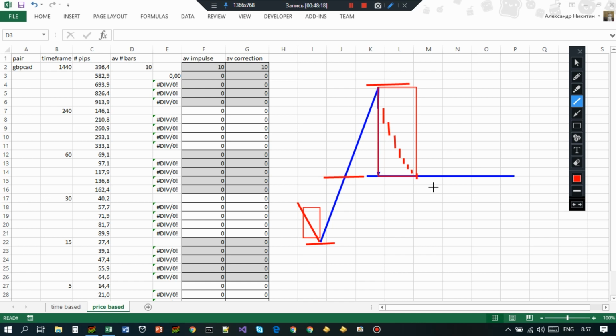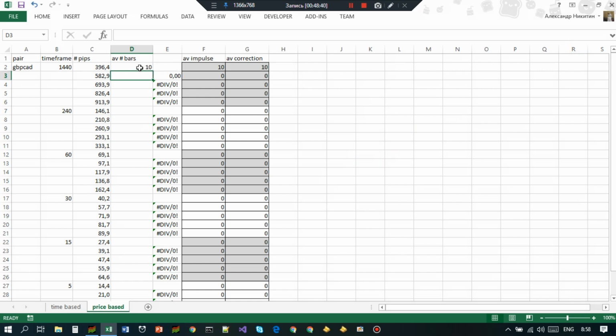Okay, and it will be very, very interesting to make this kind of Excel spreadsheets for every pair, and we will also know the average correction for the whole market, not only the pound Canadian but other markets. Maybe it will have the pattern between them, that the number of bars stays the same between all the pairs.